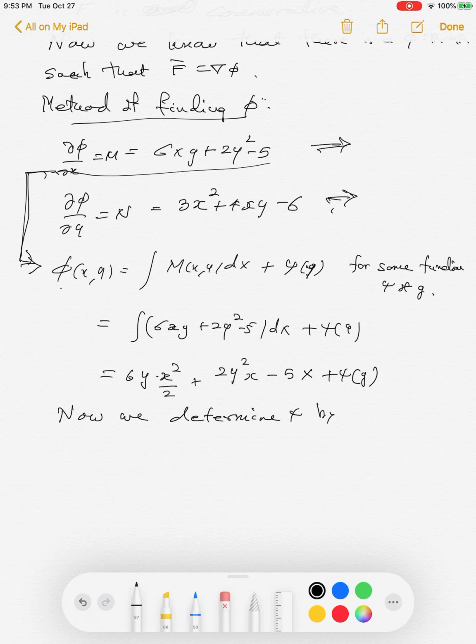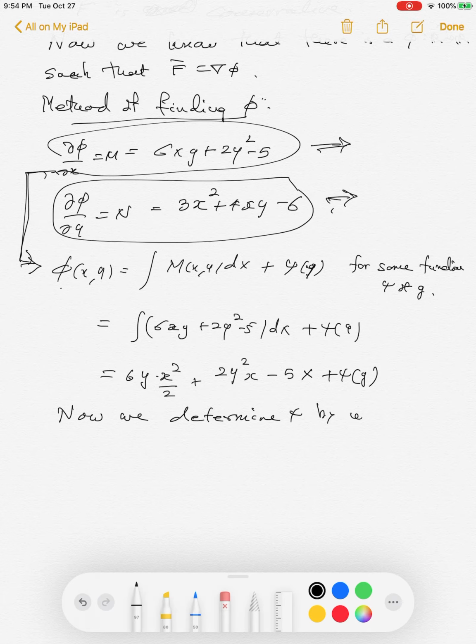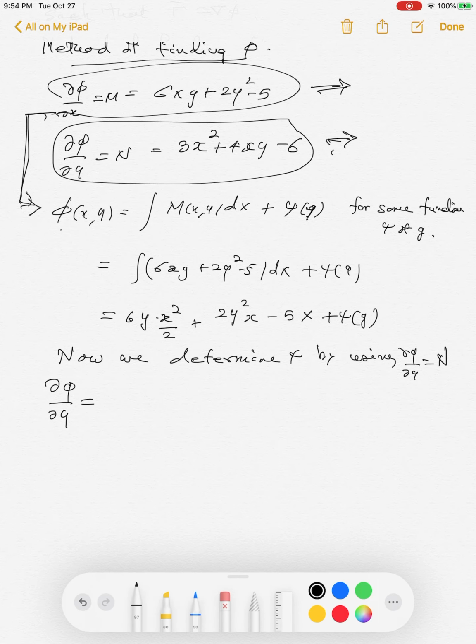Now we determine psi by using, so we have two things which are given to us. We have used only one of them, so we use the other one to find psi. So now determine psi by using d phi/dy is N. So I take d phi/dy, if I differentiate this with respect to y, what do we get?